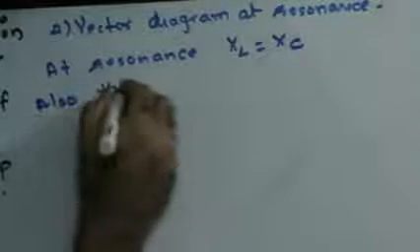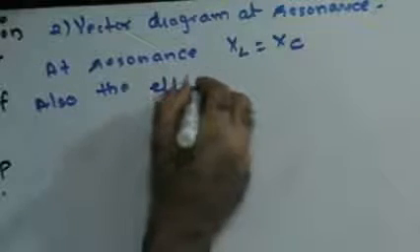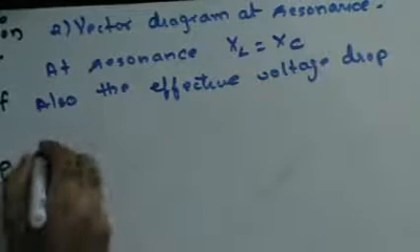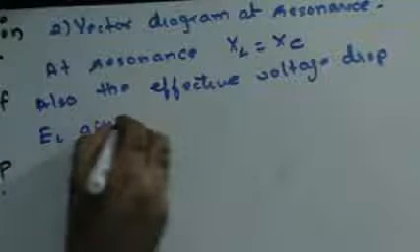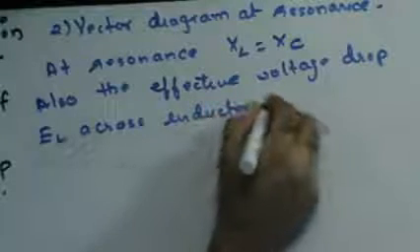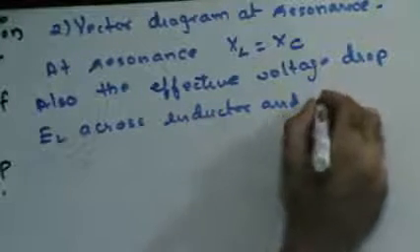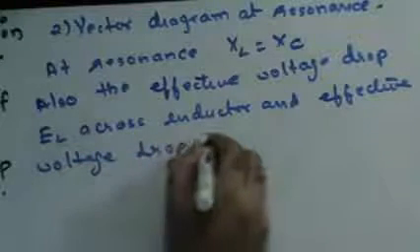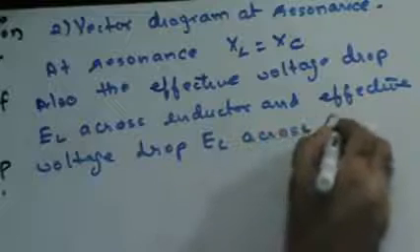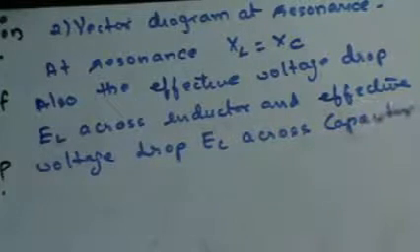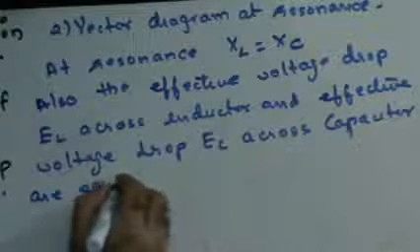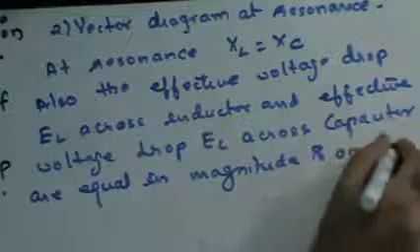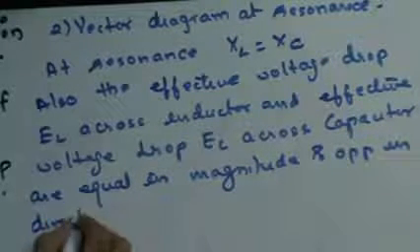Also, the effective voltage drop EL across inductor and effective voltage drop EC across capacitor has to be equal in magnitude and opposite in direction, right?